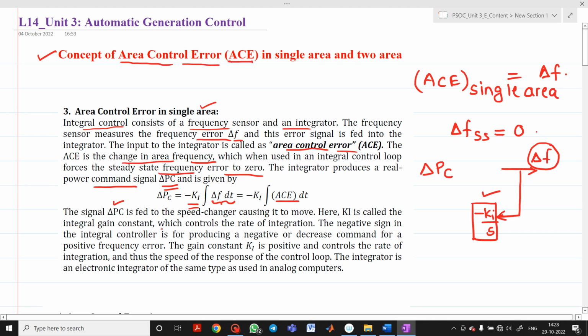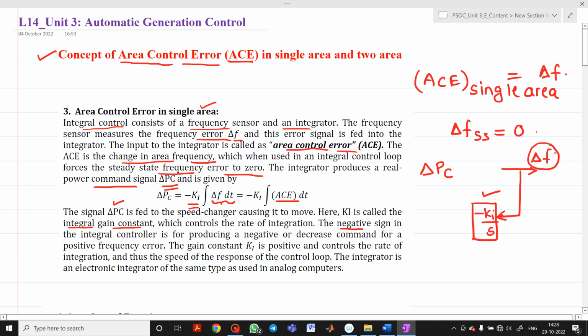Now what is this Ki here? This Ki is also called the integral gain constant. Why is it used? It is used to control the rate of integration. Why is this negative sign there? The negative sign is because of producing a negative or decrease command for a positive frequency error.